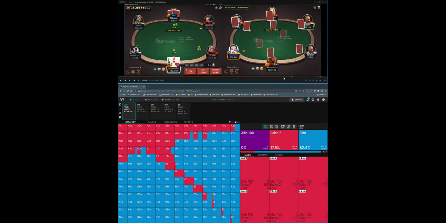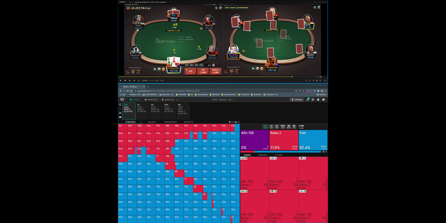Okay, so this is a hand I remember being confused about during the game as to how I should have played it and whether I should have even been playing it pre-flop. Let's go through it and see what the Wizard has to say about my play. In the big blind we have a 9-8 offsuit, not a great hand, nevertheless possibly playable.